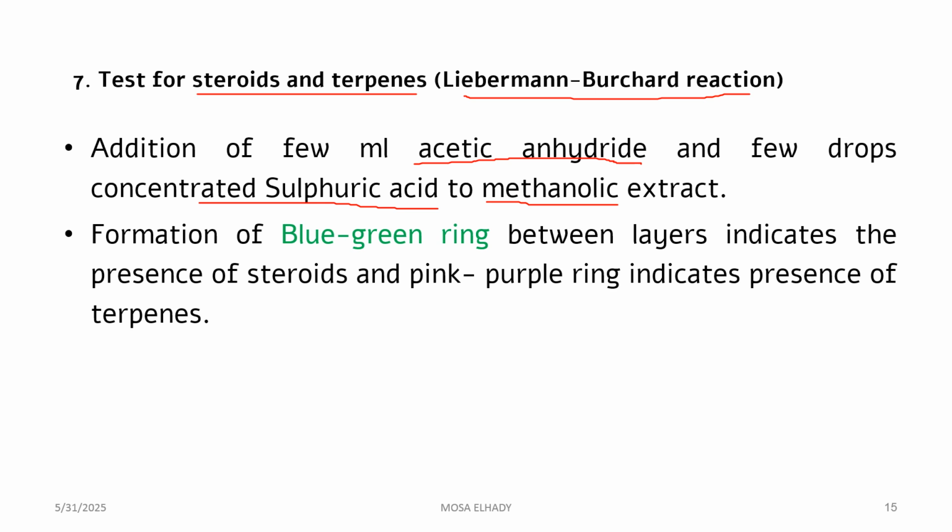In interpretation, we note the change of color of the solution in the test tube. When it changes to blue-green color or a blue-green ring forms, this means the extract contains steroids. And if the color changes to pink, red or purple, this means the extract contains terpenes.